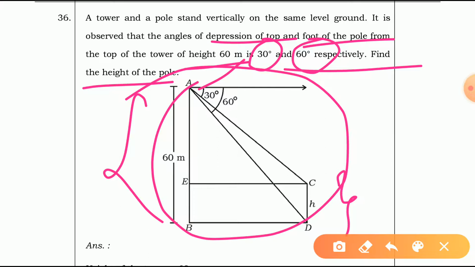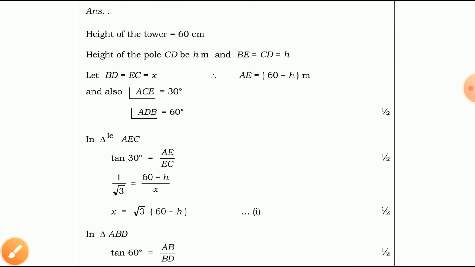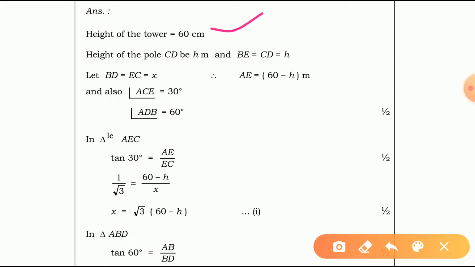The angle A is equal to angle C, and angle 60 is equal to angle D. Here the height of the tower, 60 meter, is given. The height of the pole CD be H meter, because we don't know its height. Our aim is to find this H.